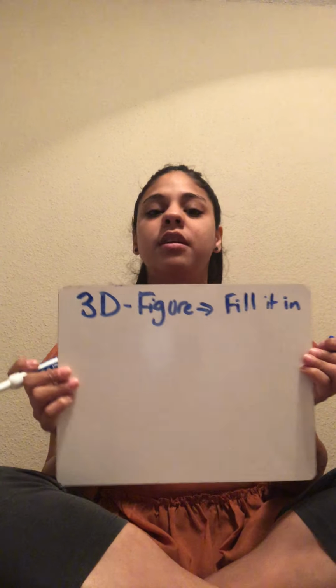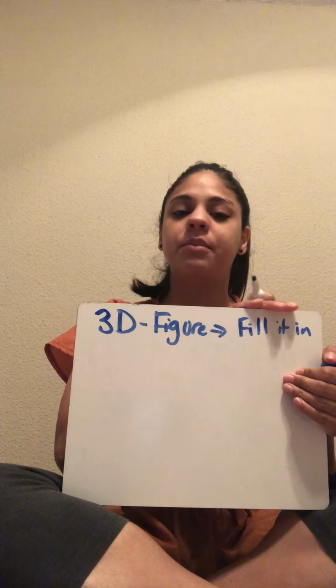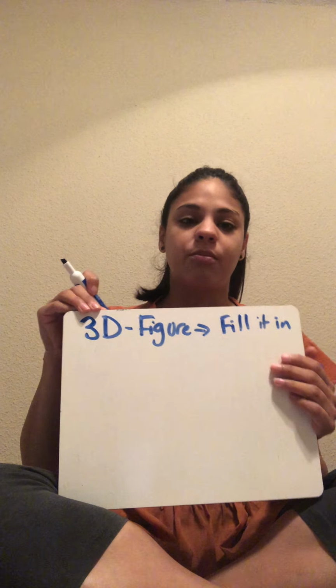So now, the vocabulary that is associated with this is anything that has a 3D figure. If you're filling it in. If you're only looking for the area of the base, then you're only looking for the area. But if you're filling it in completely, then you're trying to look for the volume.